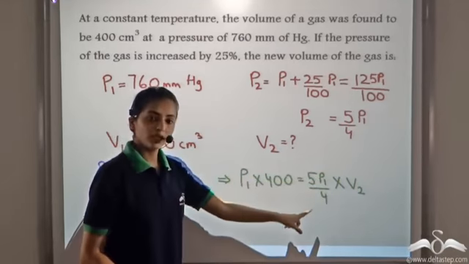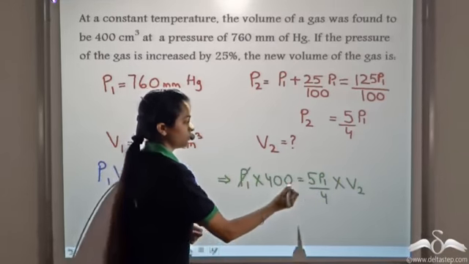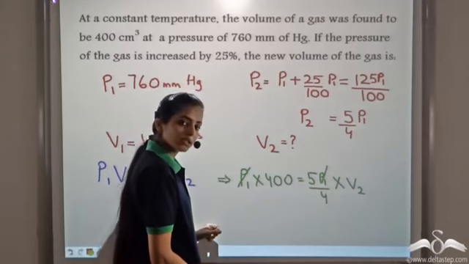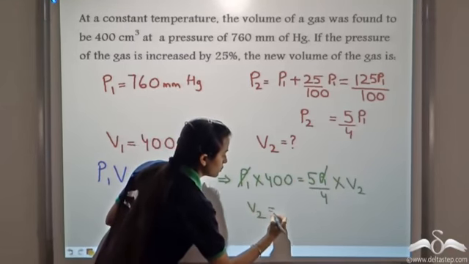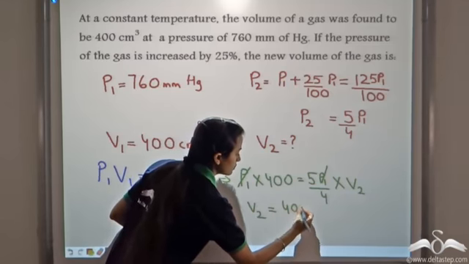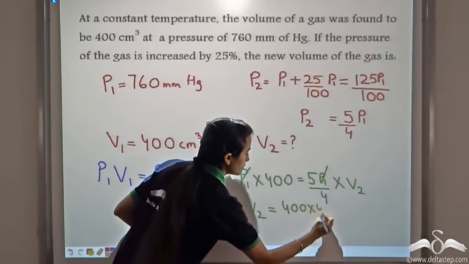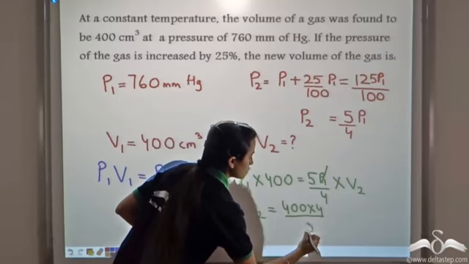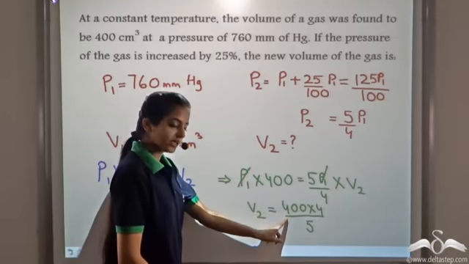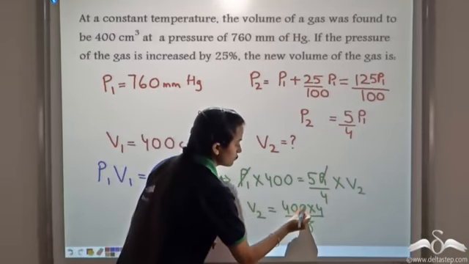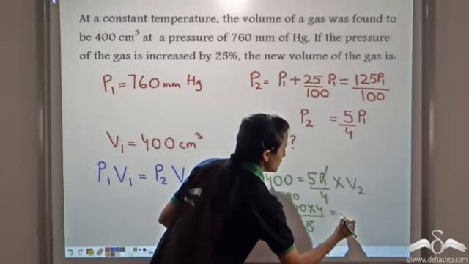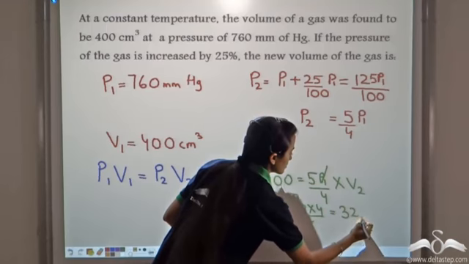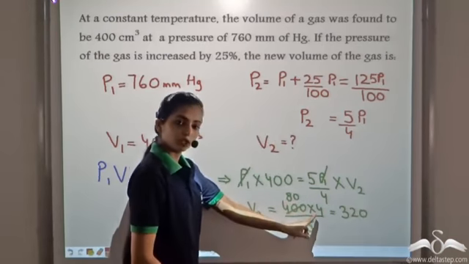So if we calculate V2 from this, we can cancel out P1 from both the sides. So we get V2 is equal to 400 into 4 divided by 5. So this we can cancel out again. So we get 320. 8 4s are 32.